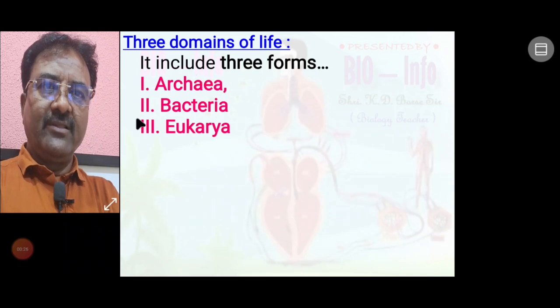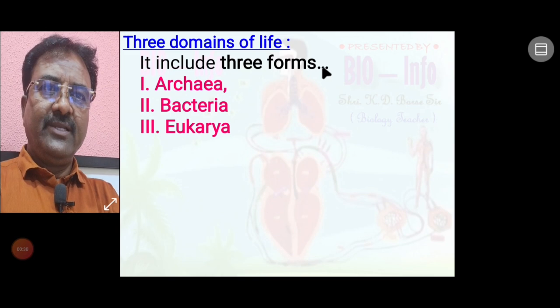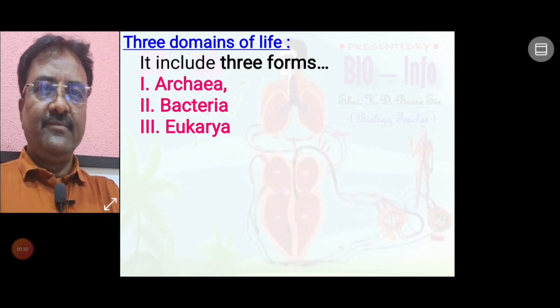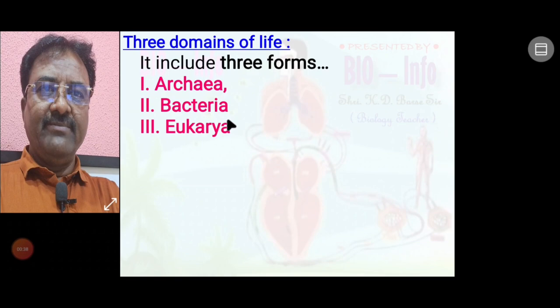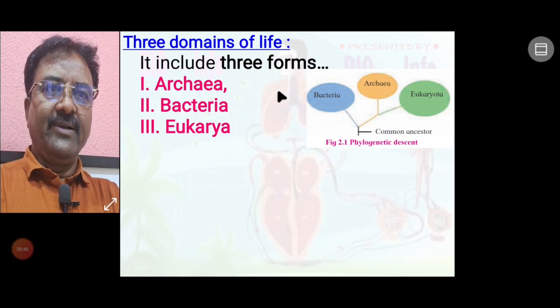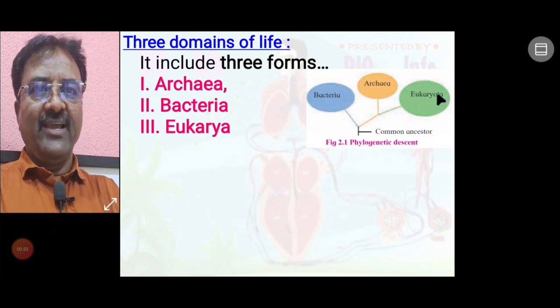On the earth life is formed in three different categories. First one is archaea, second one is bacteria and third one is eukarya. So they are called the three domains of life. Seen here is a diagrammatic representation: archaea, bacteria, eukarya.